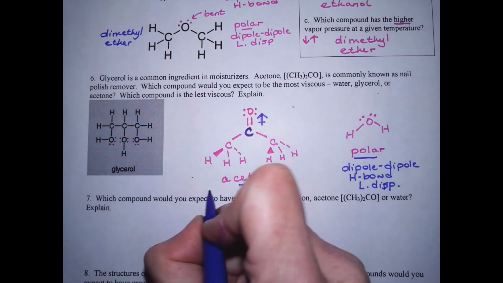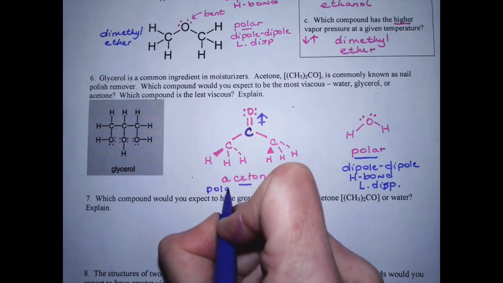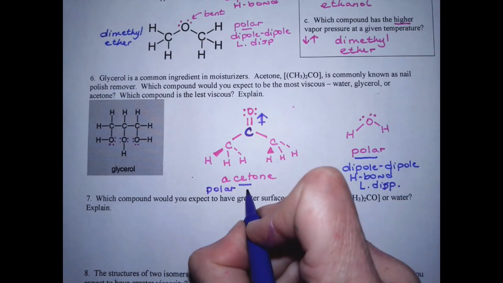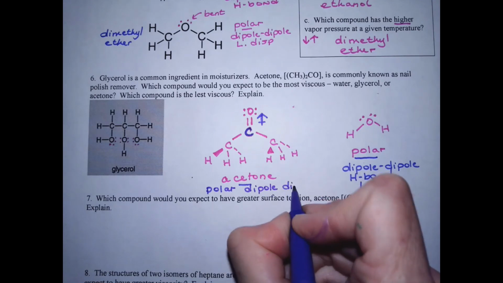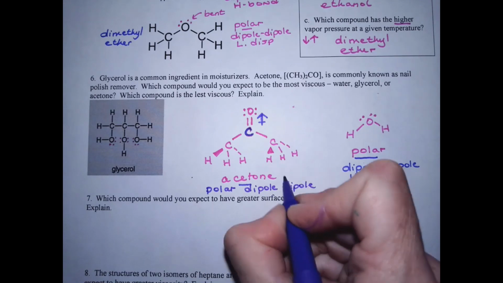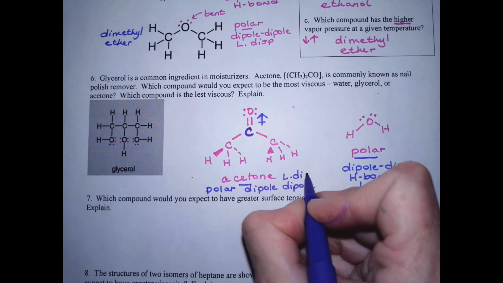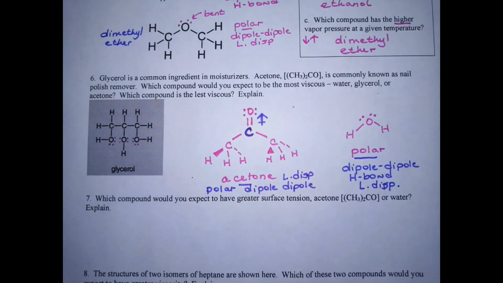So I'm going to say that acetone is polar and exhibits dipole-dipole intermolecular forces. We also need to include London dispersion on this list, but not hydrogen bonding, right? Because there's no hydrogen directly attached to the oxygen or nitrogen or fluorine.